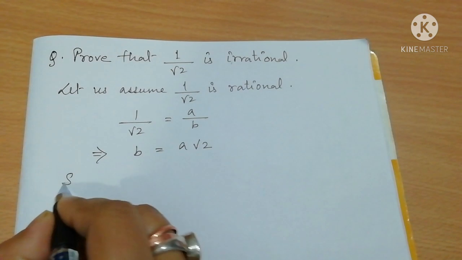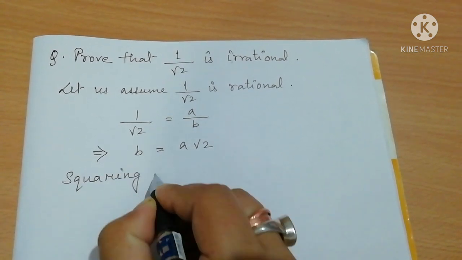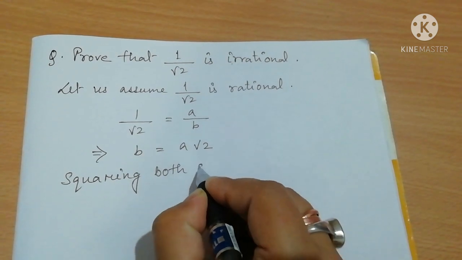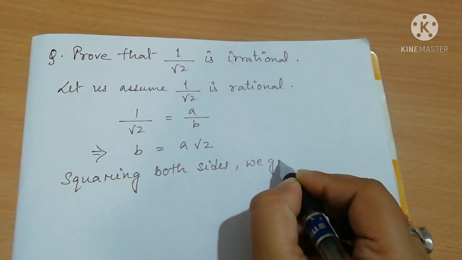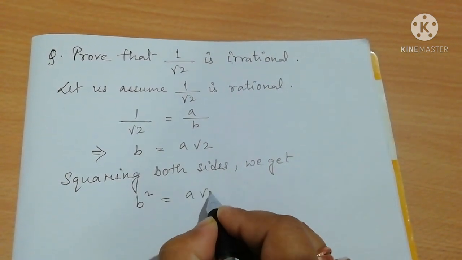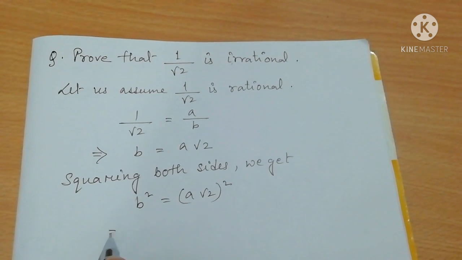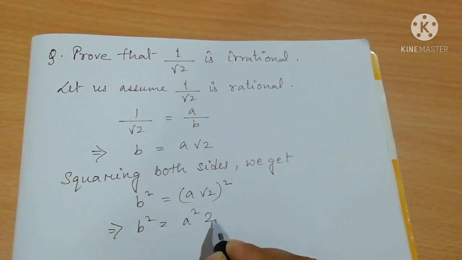After that, what do we do? We square both sides. So squaring both sides, we get b square equal to a root 2 whole square, which means b square equal to a square times 2.